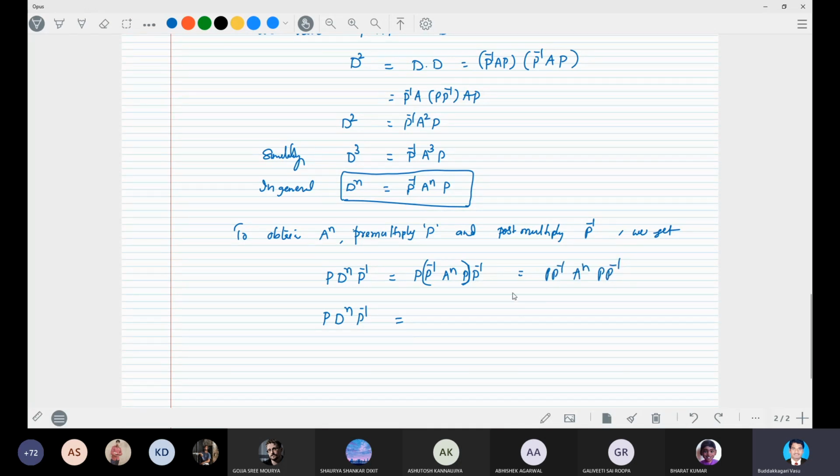P into P inverse is I everywhere, therefore it will be A^n. Hence A^n is equal to P D^n P^-1.